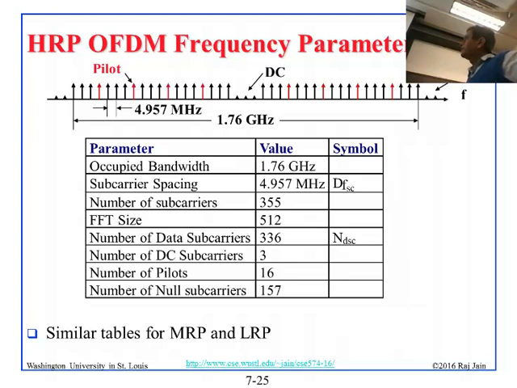So the number of data subcarriers out of 355, now we have to divide that into several different kinds. We have discussed that too in the past, but just to be more clear, 336 will carry the data, which are shown in black. The others are only for pilots? No, there is more. There are 3 DC subcarriers.